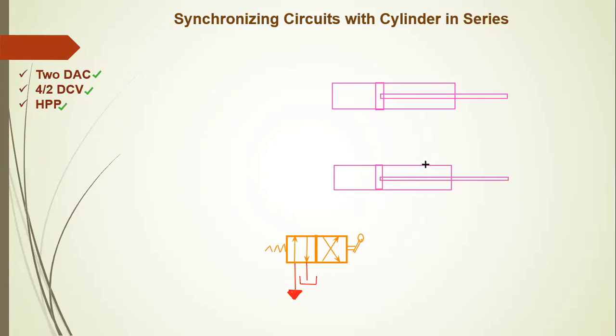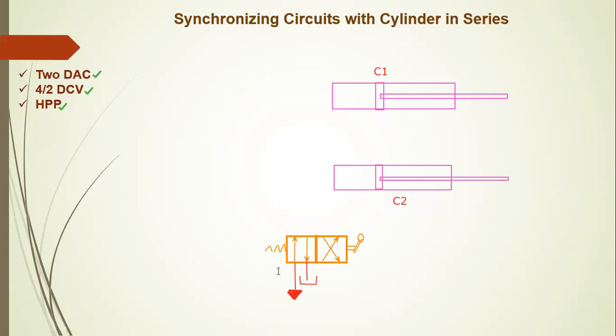Let's start to connect all the hydraulic components with the hydraulic lines. First, give a name to all the components. Here is cylinder 1 and here is cylinder 2.